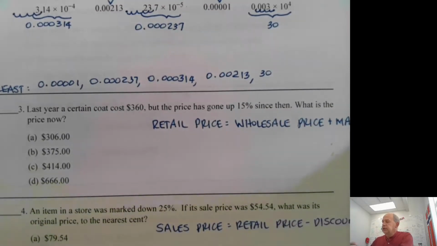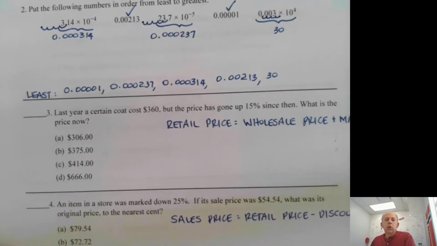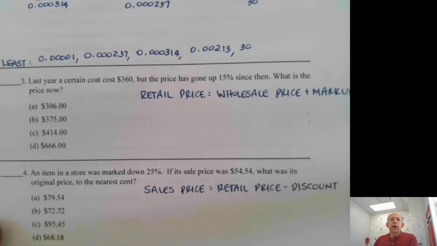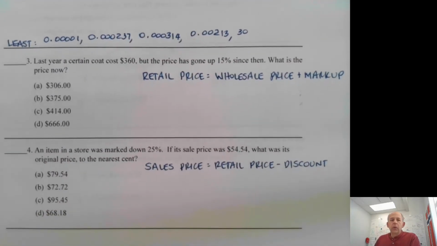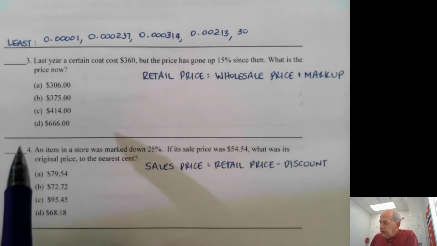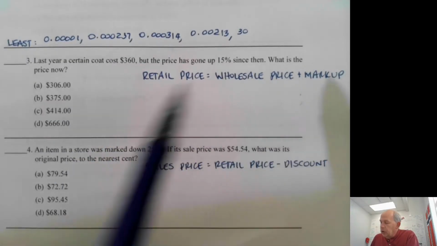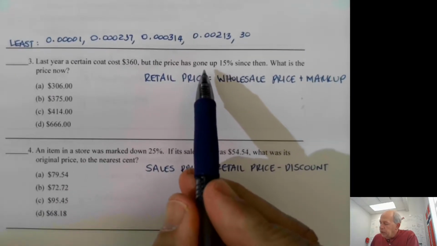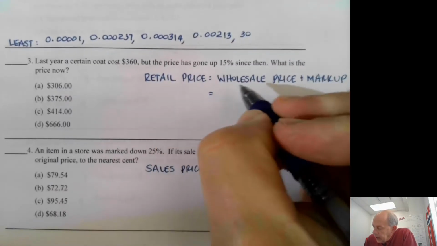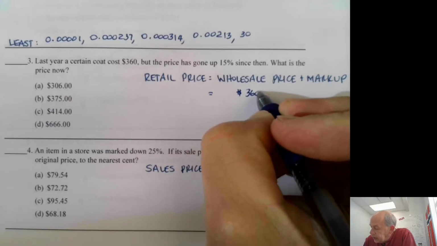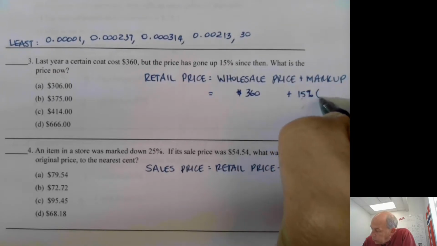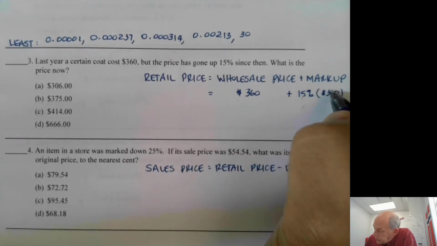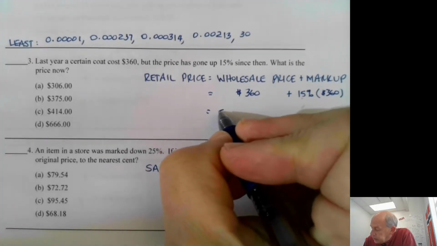Now, the next concept we talked about were percentages and wholesales and markups and that concept. So let's take a look at 3 and 4. We have a coat that was $360, but it's gone up 15%. I saw gone up, markup. It used to be $360, but it has gone up 15% more of $360 since then. So there are my values.